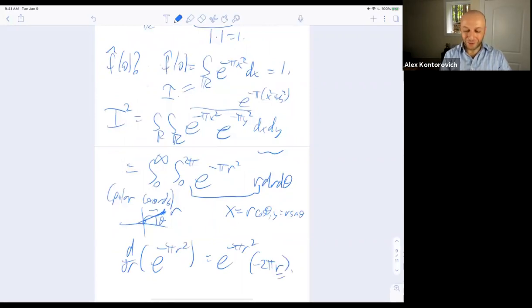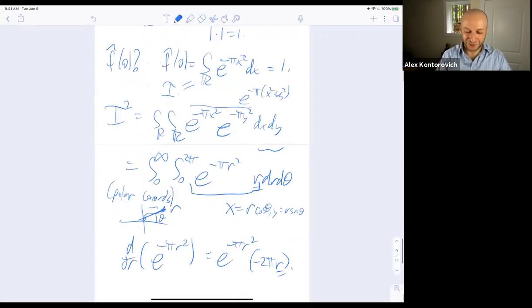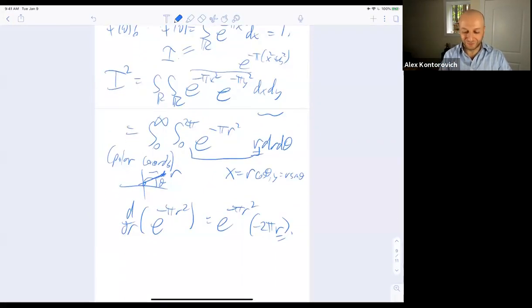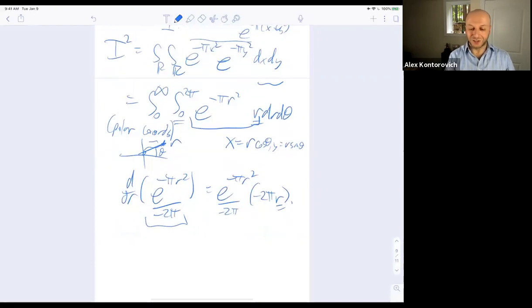But we've got the r. We picked up the r from the Jacobian. And so if I don't want this constant, then I divide both sides by minus 2 pi. And there's our antiderivative. Of course, in theta, it's just a constant.